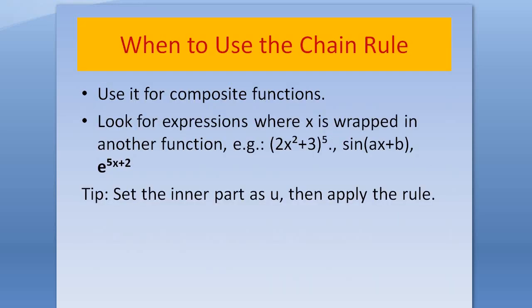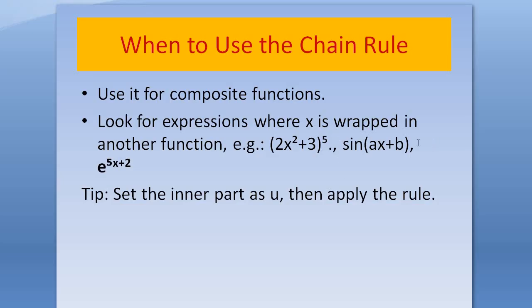Now when to use the chain rule: use it for composite functions. Mostly we use it for composites. Look for an expression where x is wrapped in another function. For example, this is your function (2x+1) with 5 as the exponent power. In this type of function, there is 2x inside, and the power rule is also present.